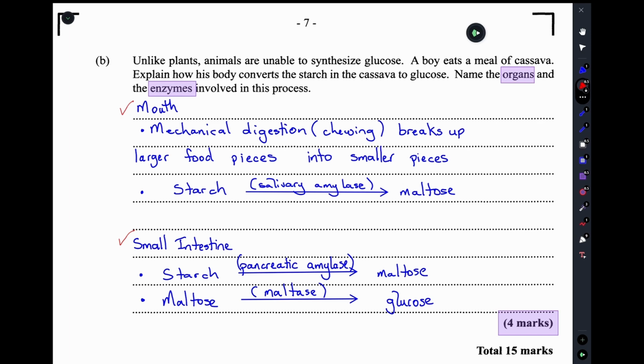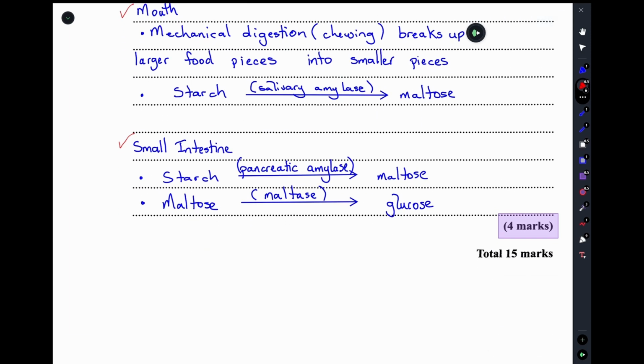The bulk of the digestion occurs in the small intestine, where pancreatic amylase continues the breakdown of starch into maltose, and then the maltose is acted upon by another enzyme, maltase, to break down this maltose into glucose. So we go from the polysaccharide starch to the disaccharide maltose, and finally the monosaccharide glucose.